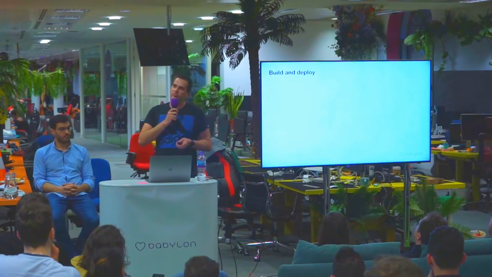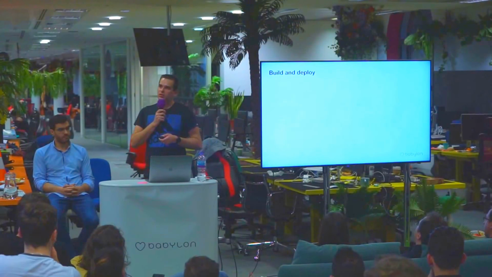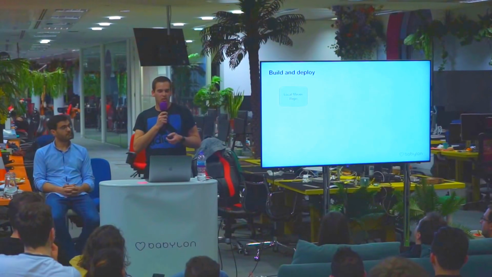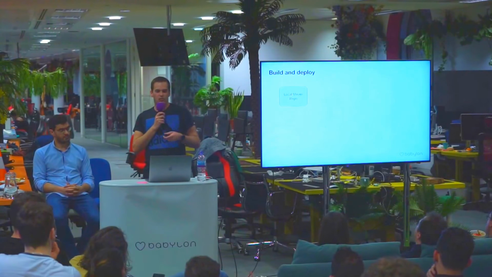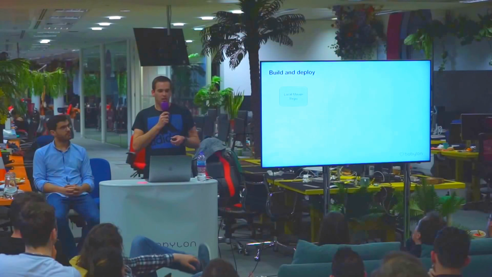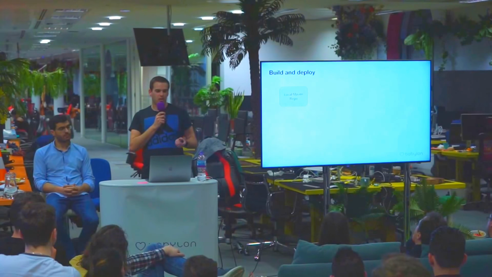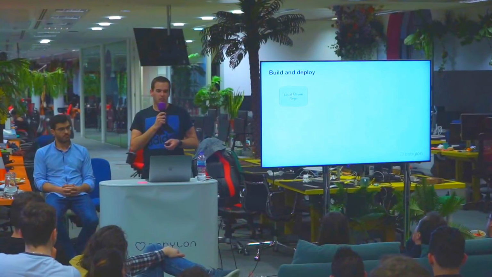So if we go a little bit more in detail about the build and deploy. This started as a slow and manual process where we had a local Maven repository where we declared all the dependencies for the SDKs. Initially, the partner actually had to copy this, paste it in their project, and then consume the dependencies from there.